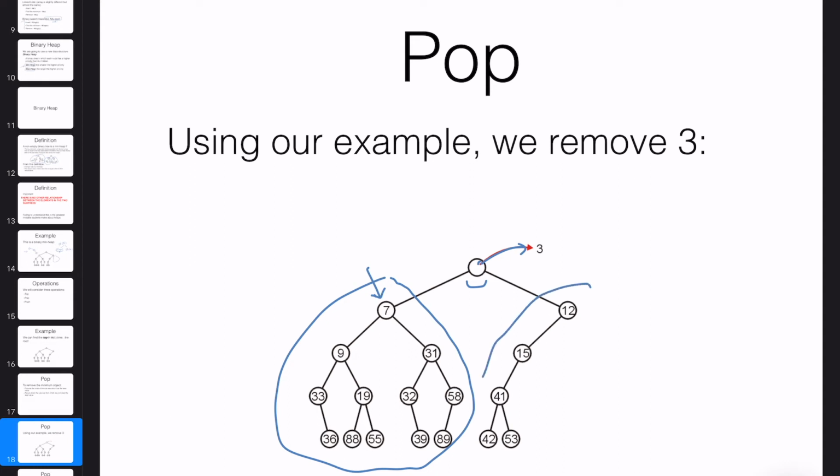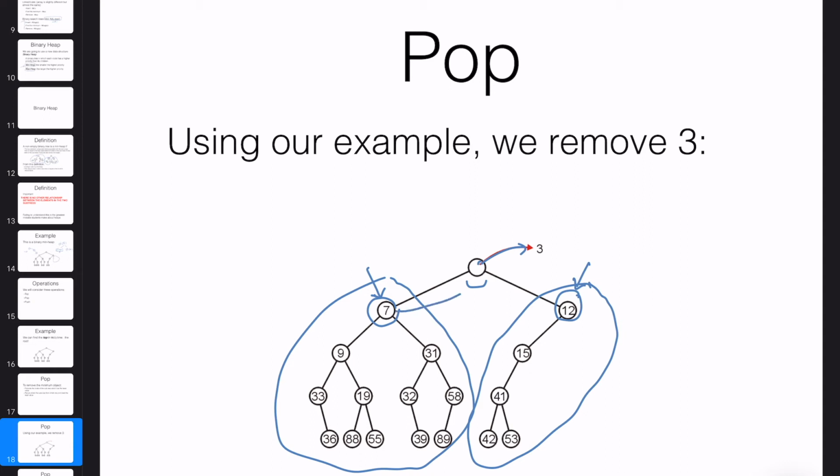And again, on the other side, the minimum item on the right side is going to be stored in the root. So the values on the left side and on the right side are the minimum items of the left and right subtrees. To find the minimum item among all of the items, I just need to compare them and get the one which is the smallest. So here it's going to be 7.